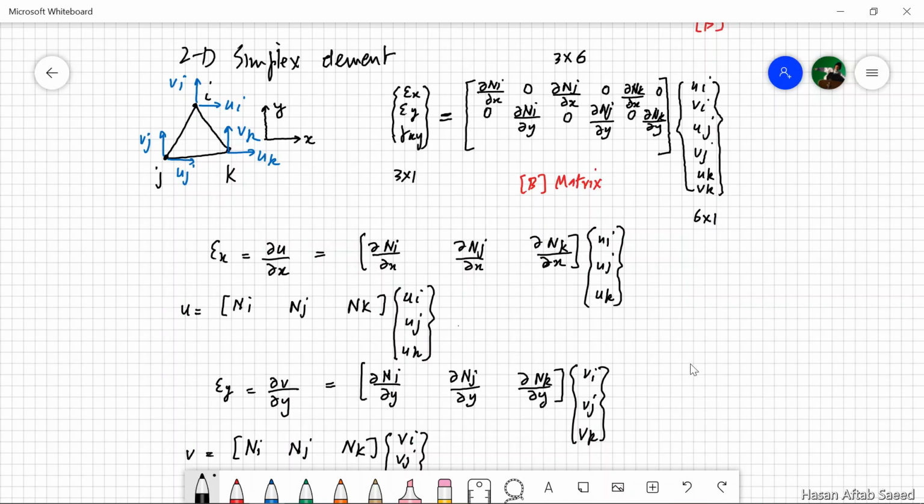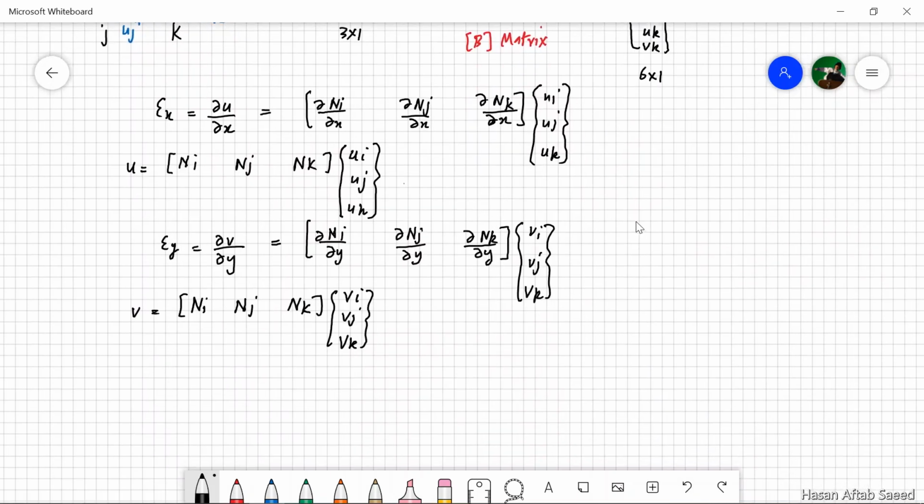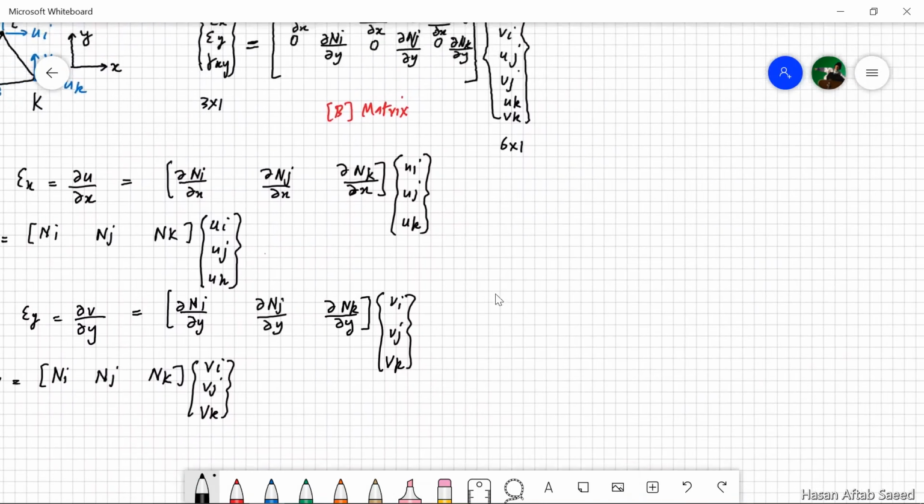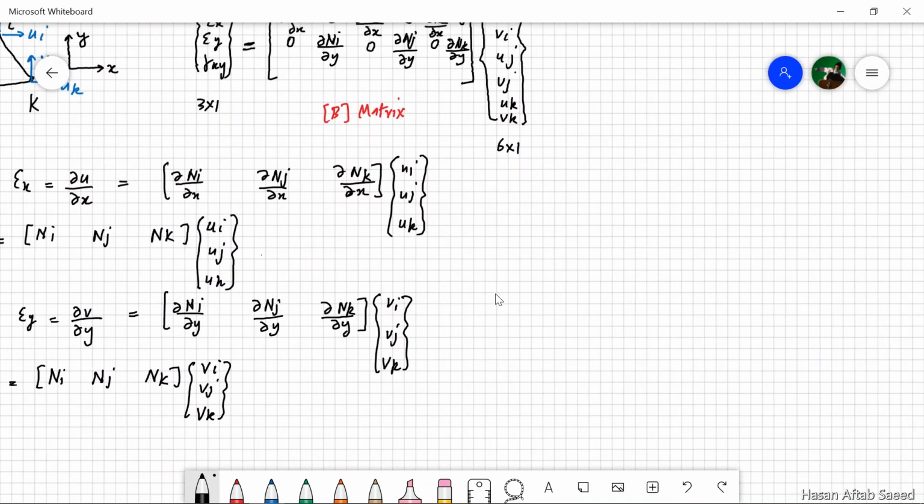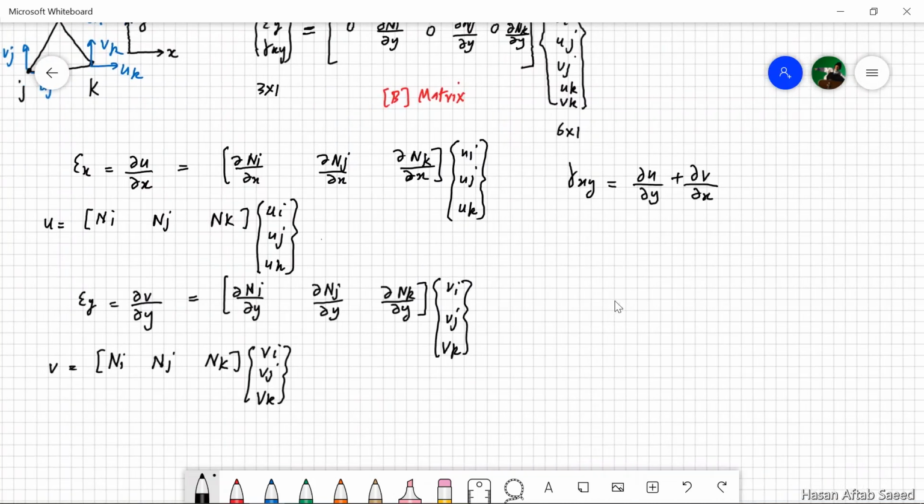Now, what about epsilon xy? Epsilon xy, from the definition, is partial u over partial y plus partial v over partial x. Now, the values of u and v are given here. This is u, this is v.